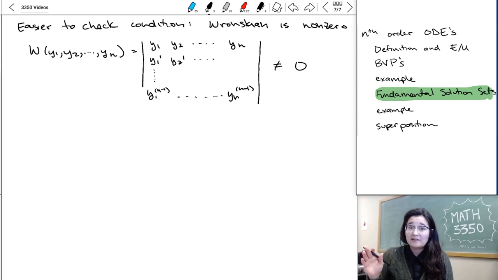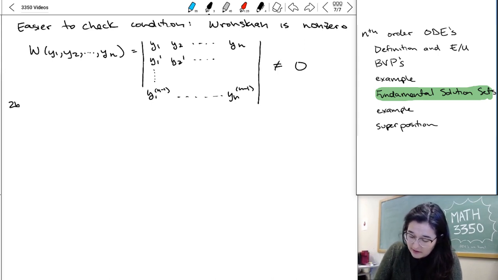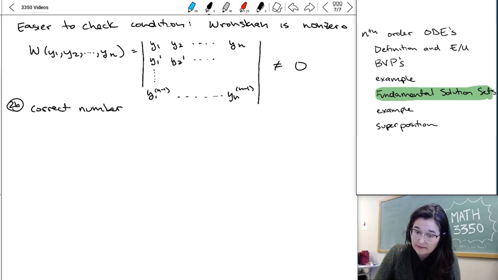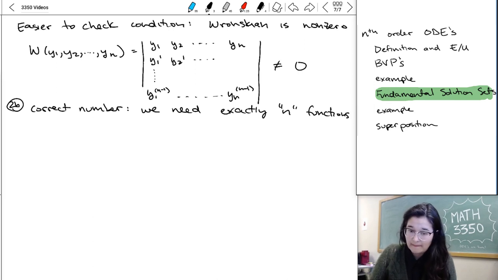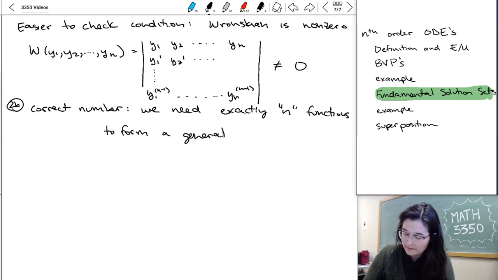And it took a while to tell you that condition, but I promise the second condition is much easier. So 2b, second condition, is that we just have to have the correct number of functions. So we need exactly n functions to form a general solution.